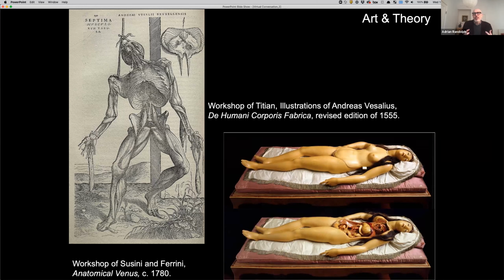And they needed for that a certain naturalistic approach to representation so that those students could learn relatively accurately from not just the view of the human body, but also its abstraction into representation.